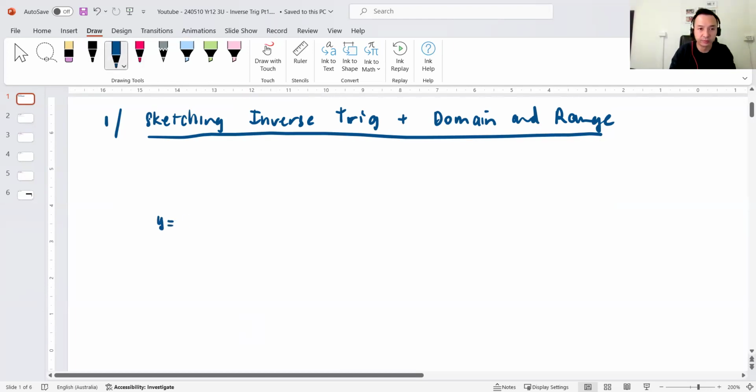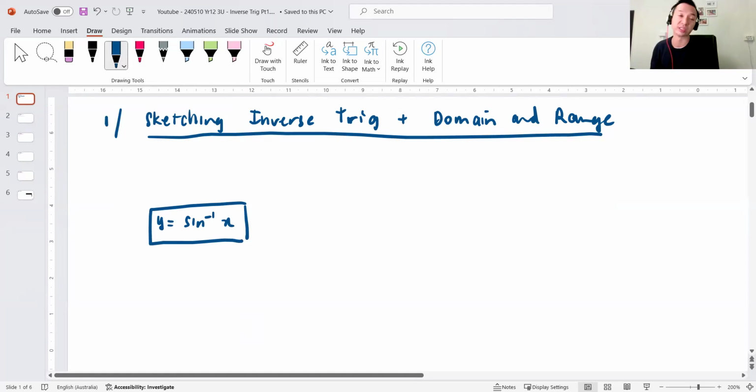When it comes to sine inverse, we know that all inverse functions are one-to-one functions. We restricted the domain of the original sine graph before we inversed it, and so when we inversed it, it remained one-to-one.